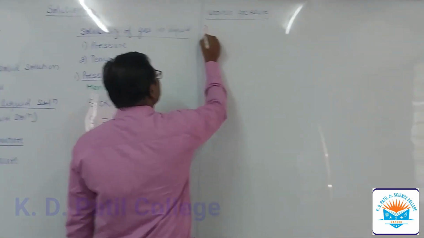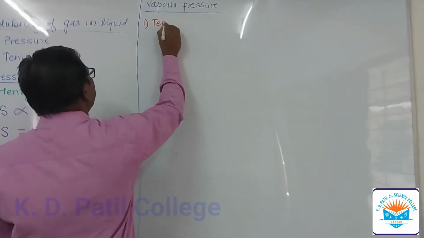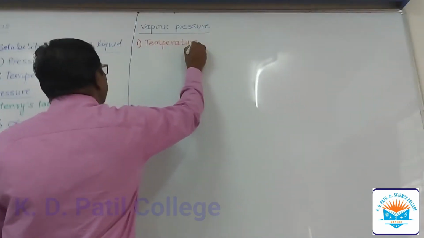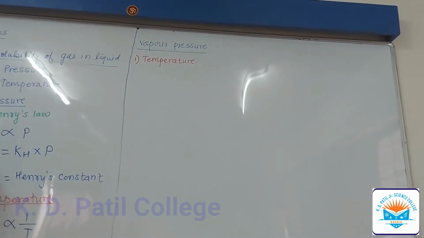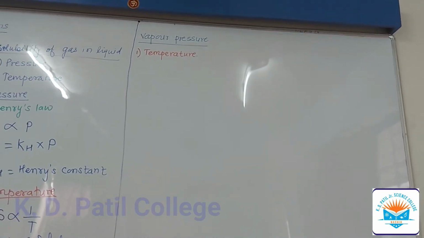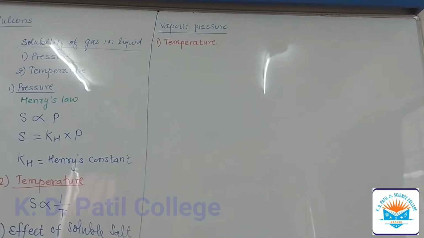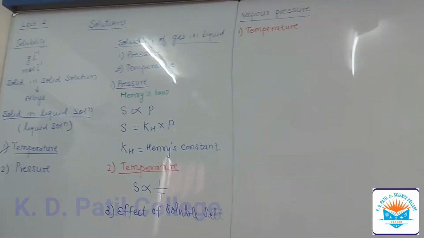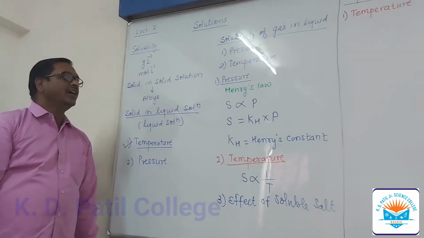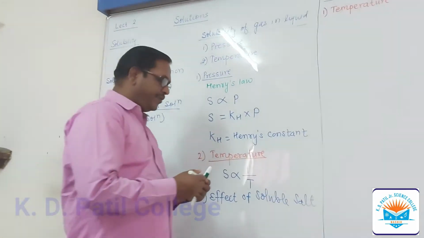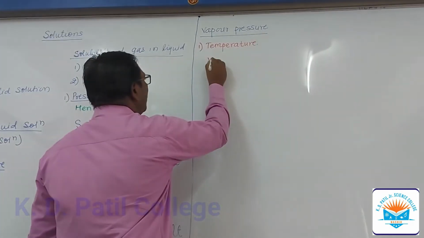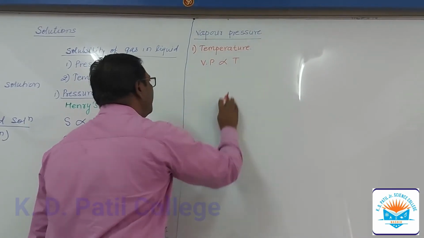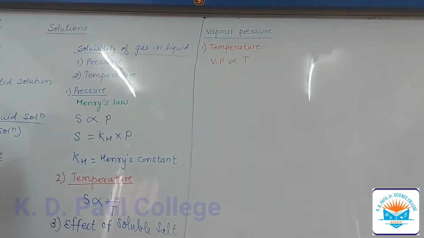The first factor affecting is the temperature. Now, what is the effect of temperature on the vapor pressure? Remember, vapor pressure of liquid is directly proportional to the temperature.